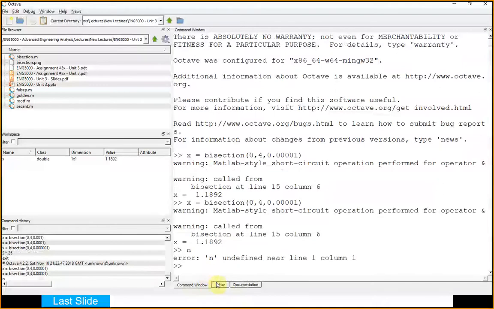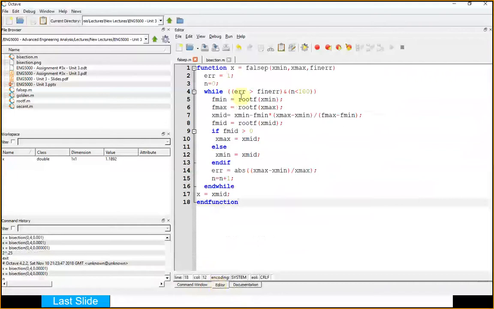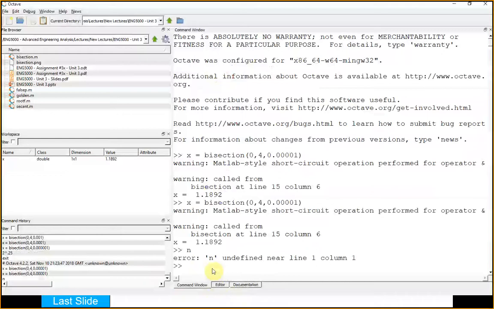Let me check something else. Do you have to redefine the function false p or no? I did define it already. But it's bisection that I'm running, not the false position one. I'm not sure why it's not running, so I'm just doing some quick checks.